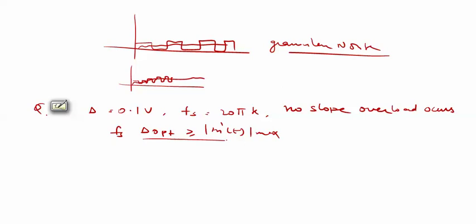No slope overload means the slope of the step size is greater than the maximum slope of the message signal.